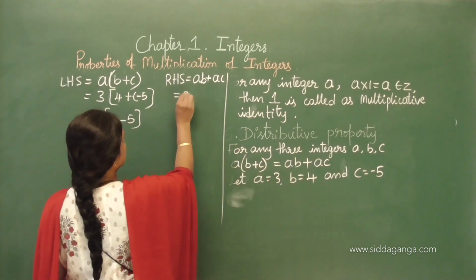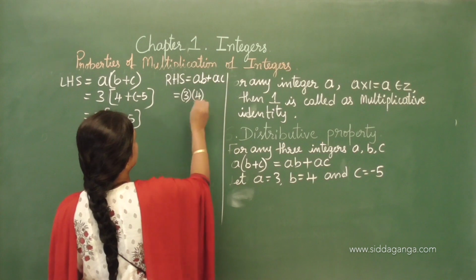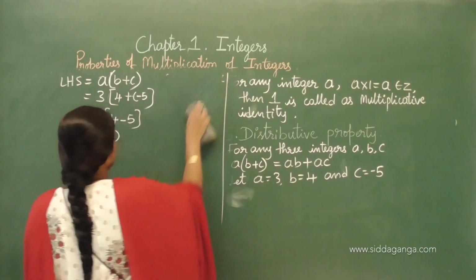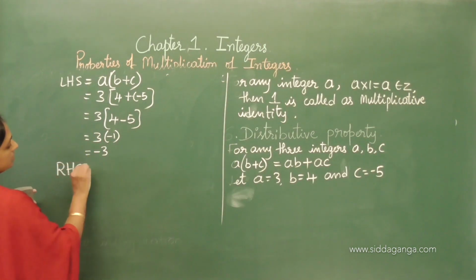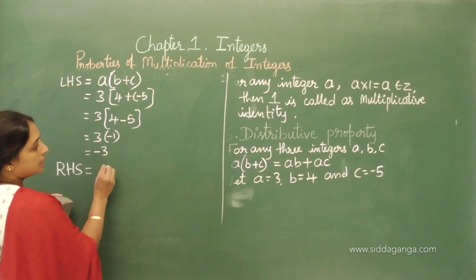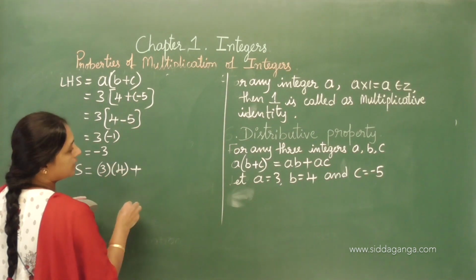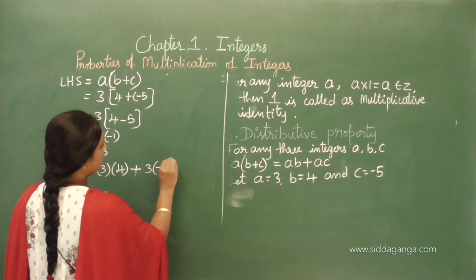RHS is equal to 3 into 4 plus 3 into minus 5.